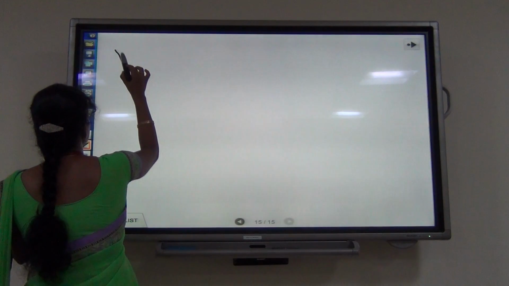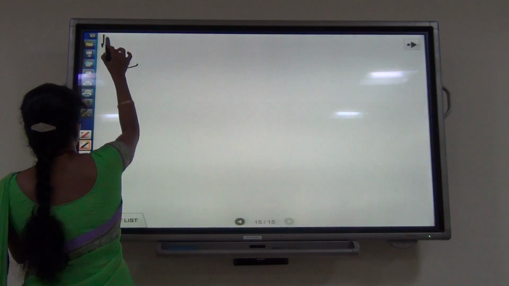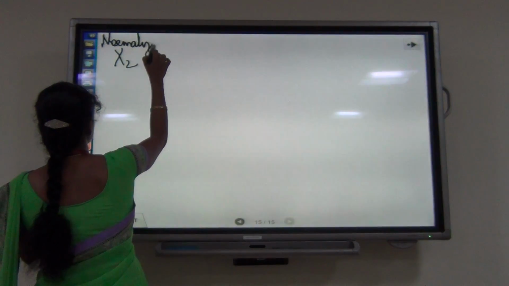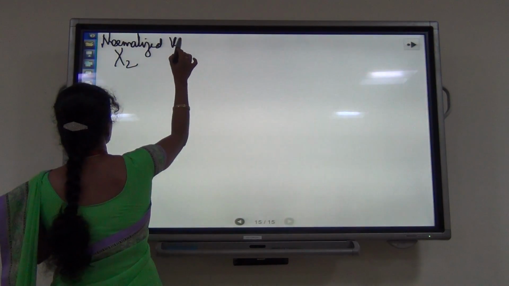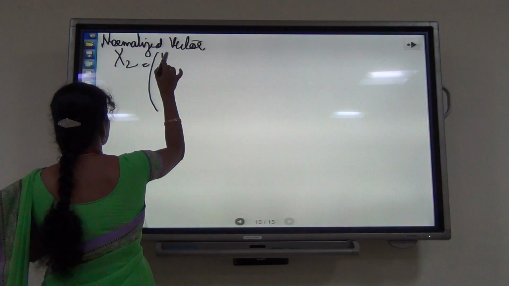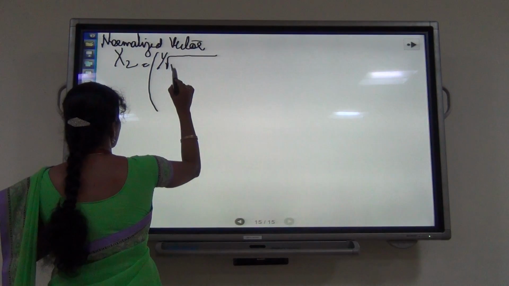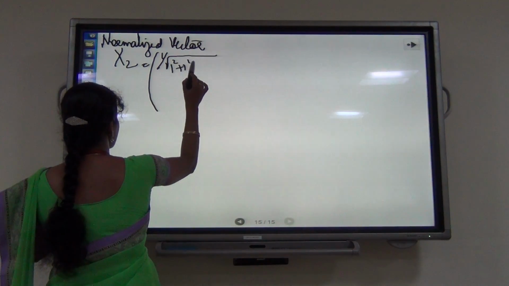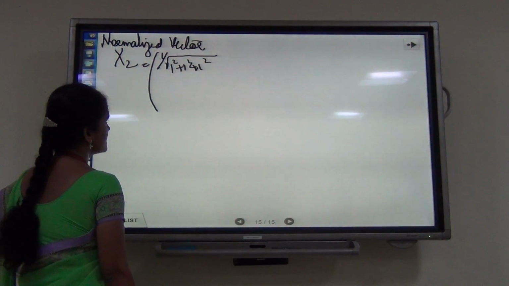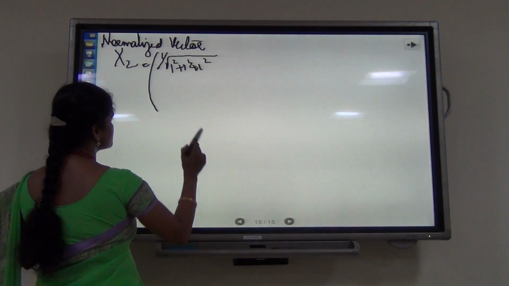Similarly, the normalized vector of x2 will be 1 divided by the root of 1 square plus 1 square plus 1 square, squaring the respective entries, adding them and taking the square root.